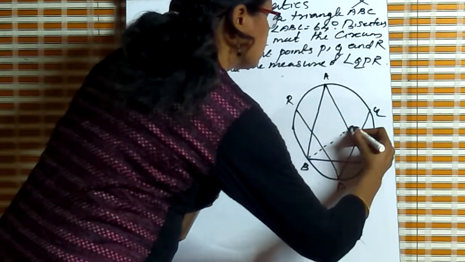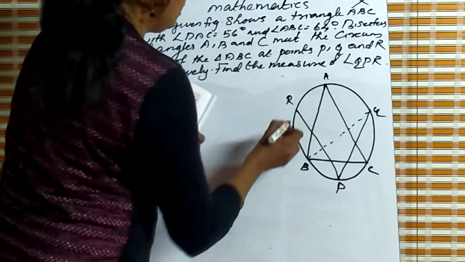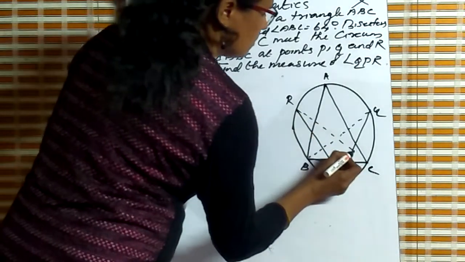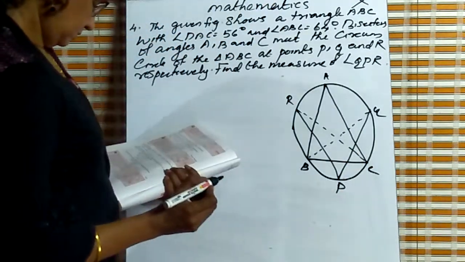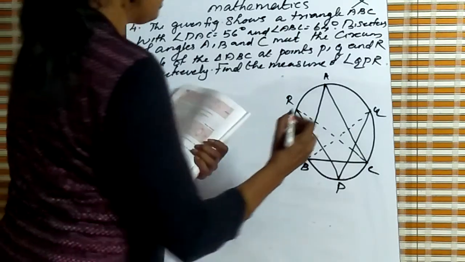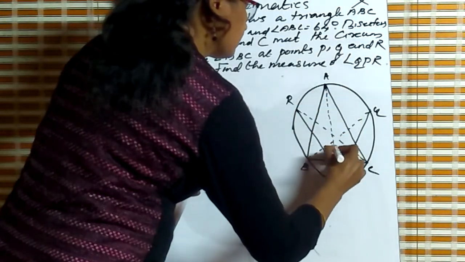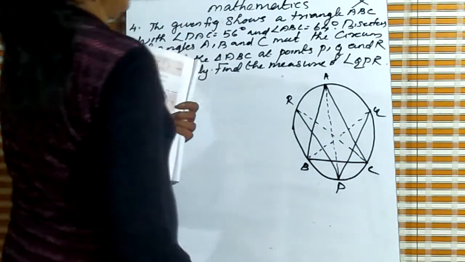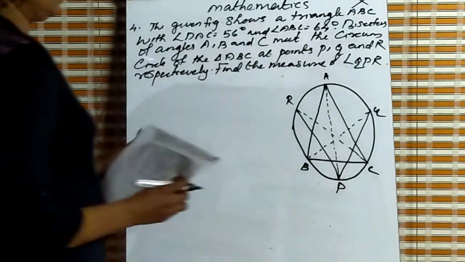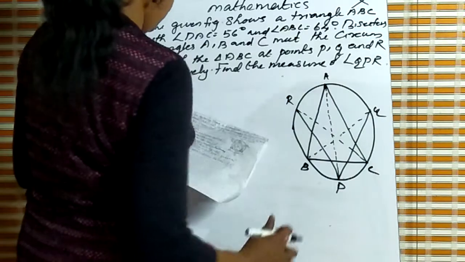Bisectors: RC, bisector of C. Next, bisector of A. This is the question. BPCQAR.